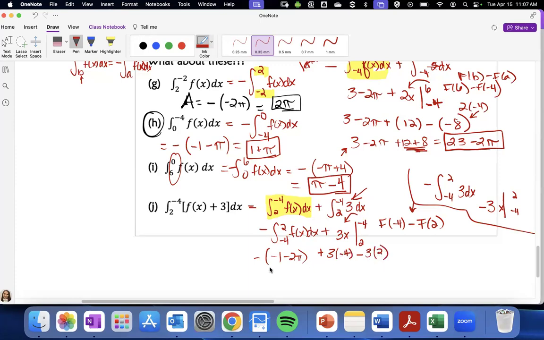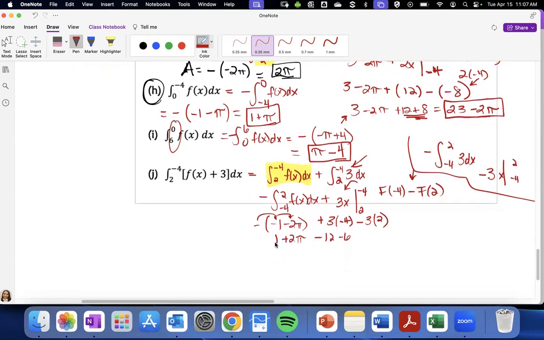So it's going to be distribute 1 plus 2 pi minus 12 minus 6. So that is -18 plus 1, so 2 pi minus 17.